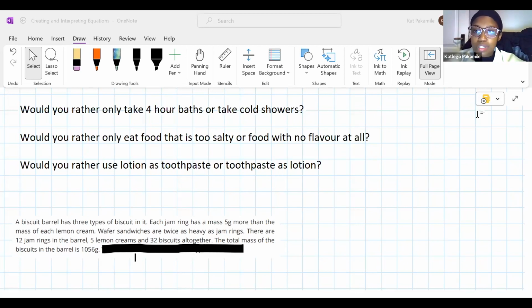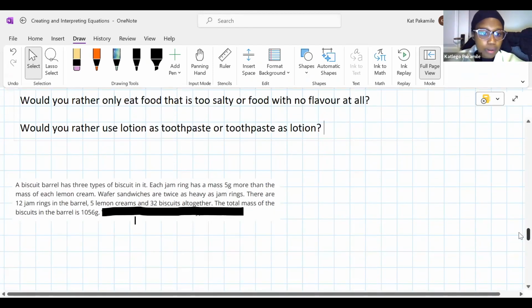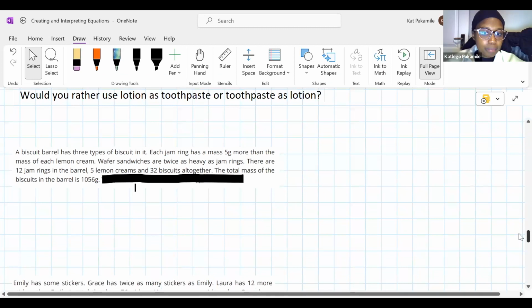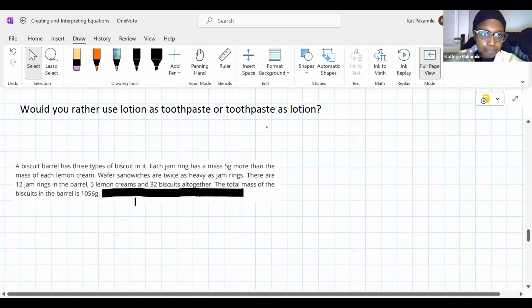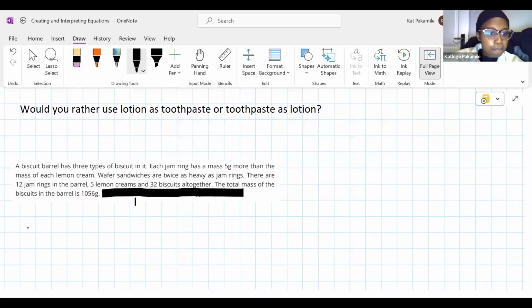Where would we start? I would start by saying 5 grams. Then, as we were saying the numbers, we're not interpreting it in an algebraic equation.